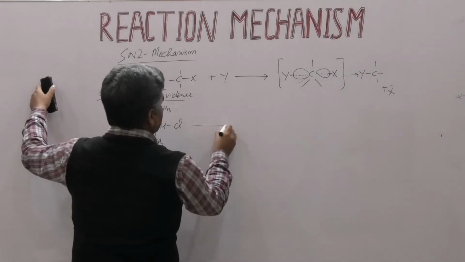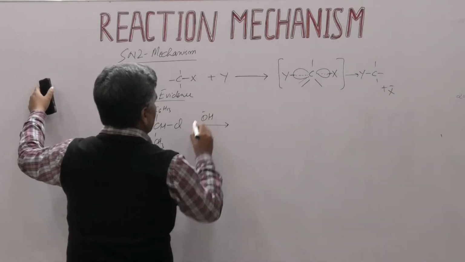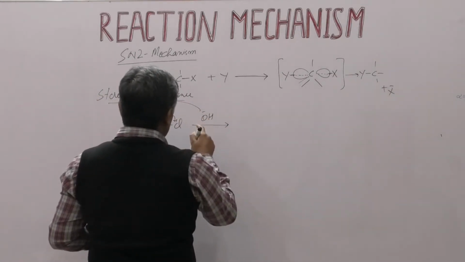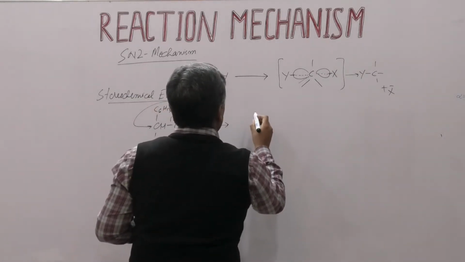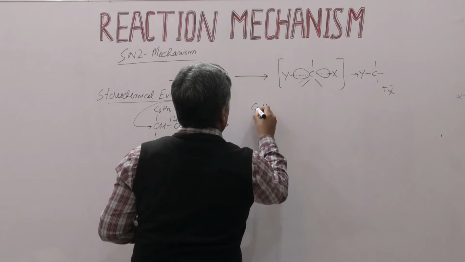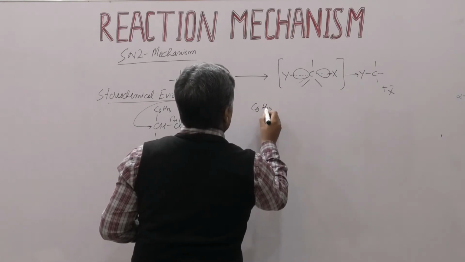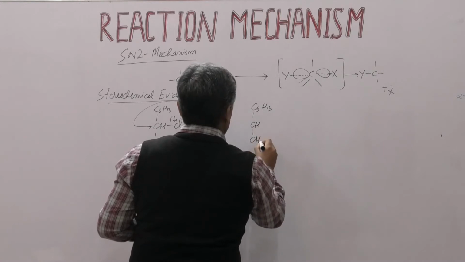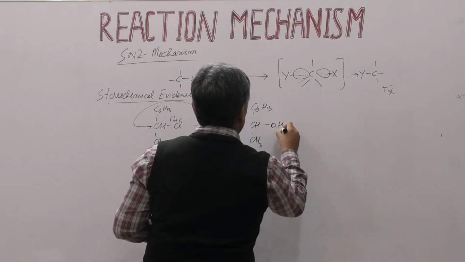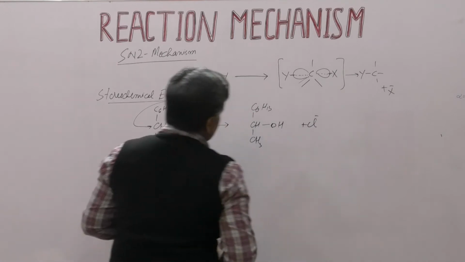It reacts with the attacking nucleophile OH negative. So OH attacks from the opposite side of the leaving group, and we have the product C6H13, here we have CH, and we have CH3, OH, plus Cl negative.